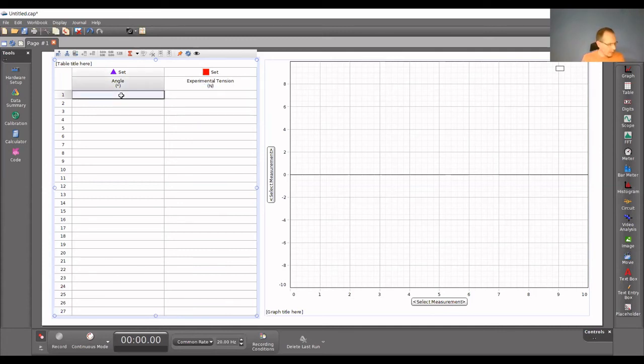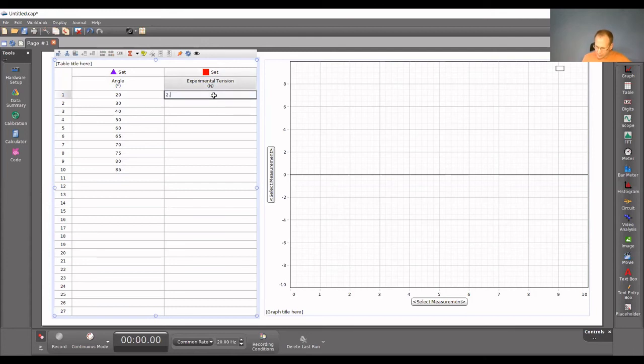Okay, so remember my angles were like 20, 30, 40, 50, 60, then 65, 70, 75, 80, 85. And then let's say, I'm just going to make up some somewhat reasonable values here.